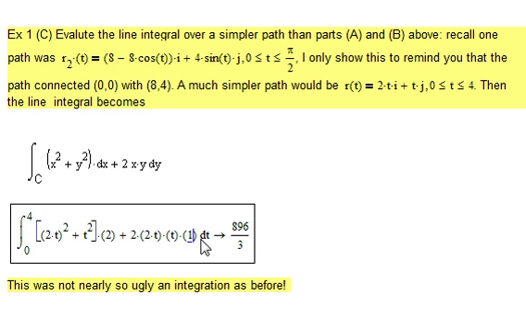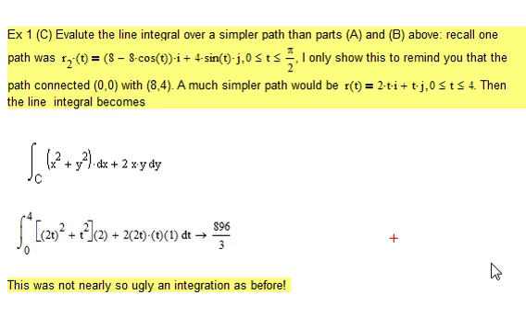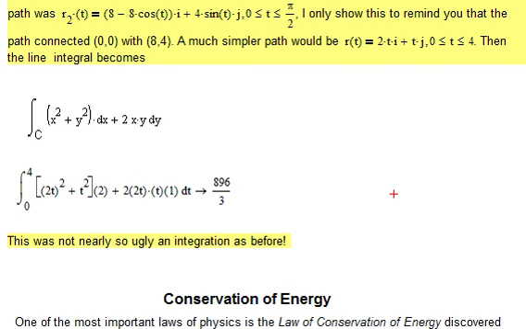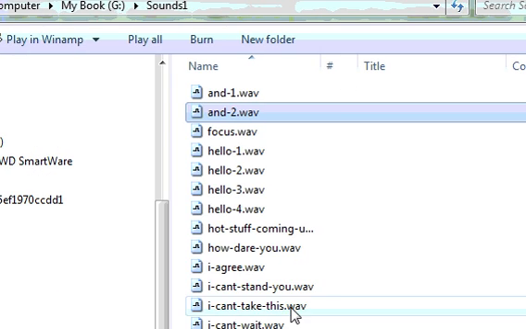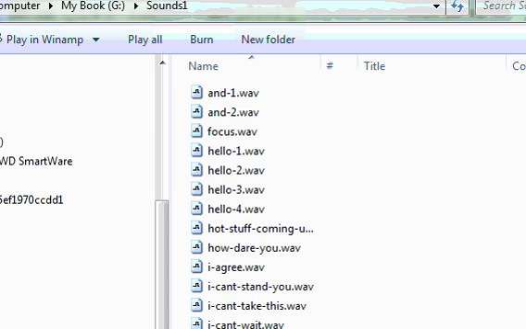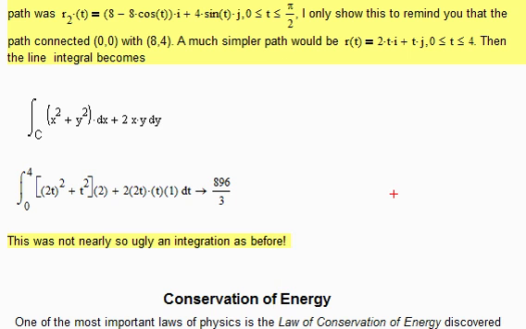As a matter of fact, I just did the integration in my head. How about that? Nice work. Thank you.